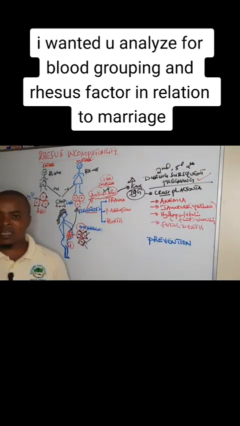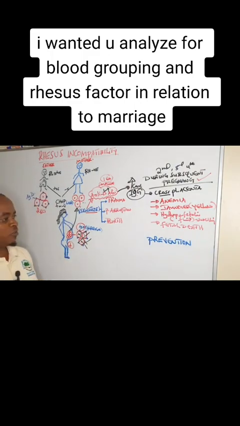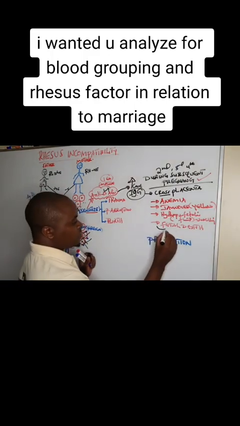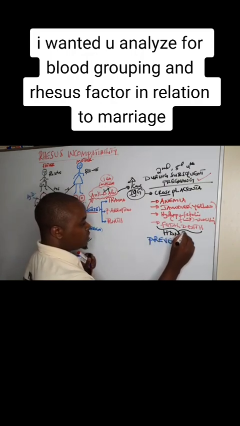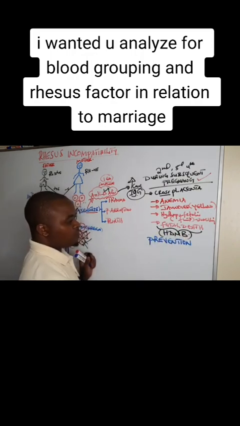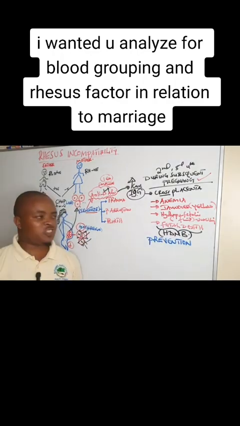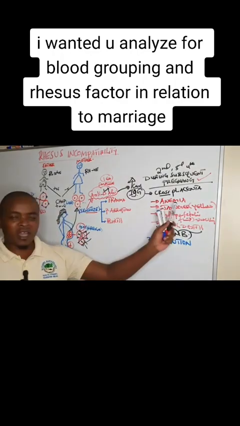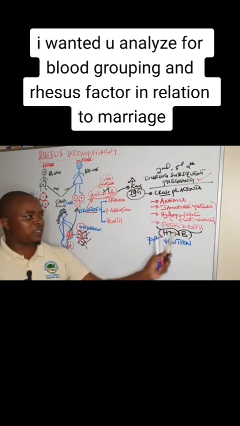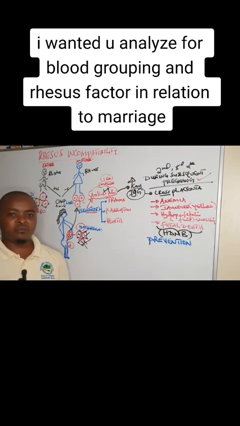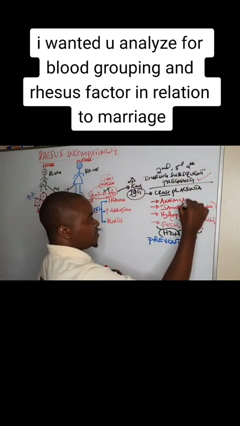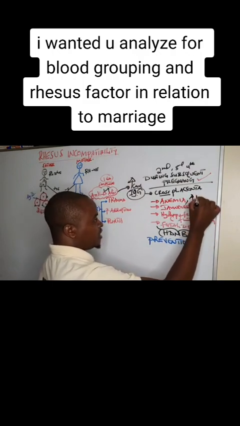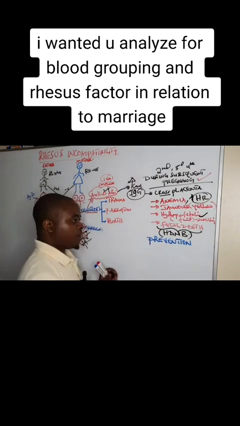But sometimes they are born and they suffer from this. This condition is known as hemolytic disease of the newborn, whereby babies are born with severe jaundice, severe anemia, and their red cells are being destroyed. Sometimes, due to fluid accumulation, they even get an increased heart rate.